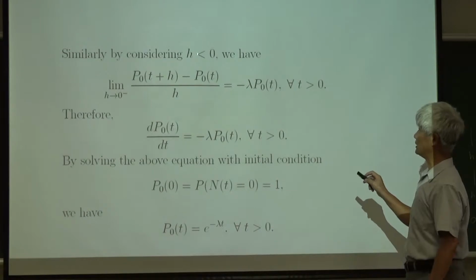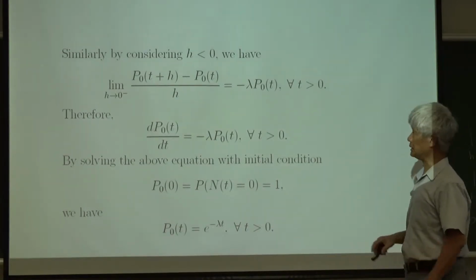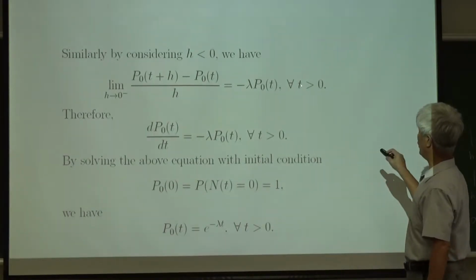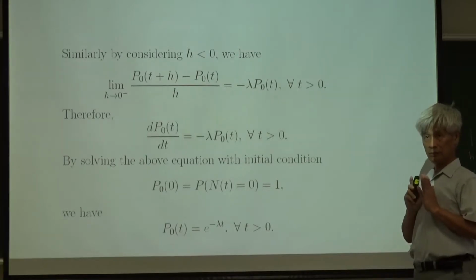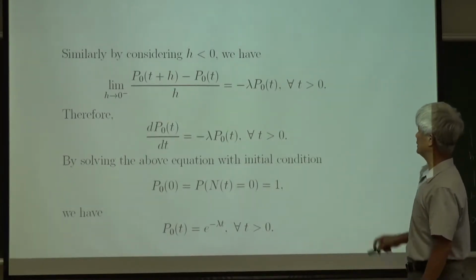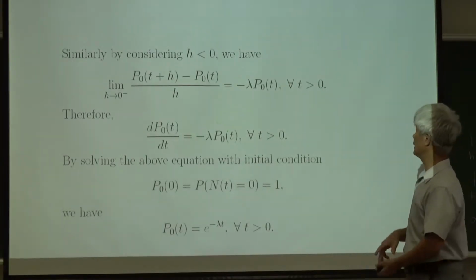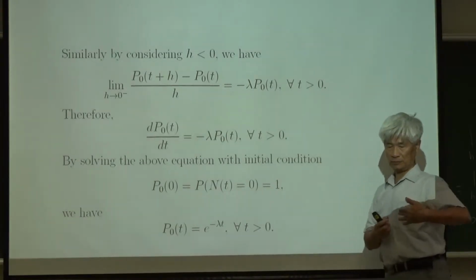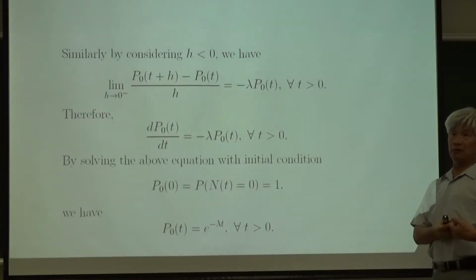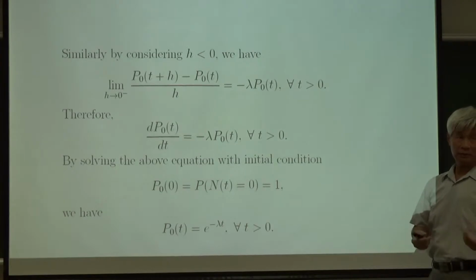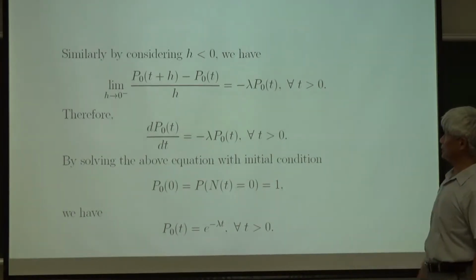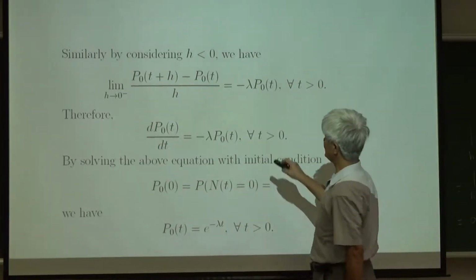So h is negative, and for all t greater than 0. This is very important, because if t equals 0, there is no definition of N of t for negative t, right? So we have to think about that.